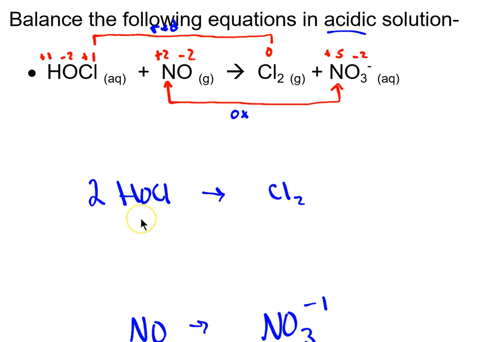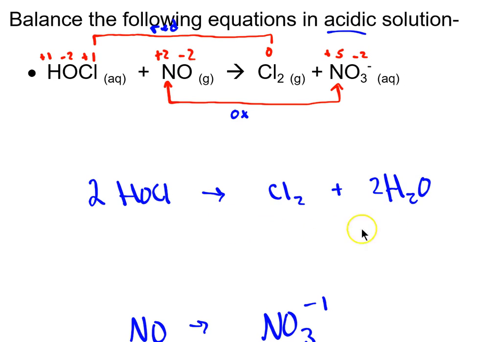I balance the oxygen first. Because if I do H first, then I'm going to have to add water to change the O's anyway, and it's going to screw up the H's. All right. So I need to add what over here? 2 H2O, because there's 2 O's, right?